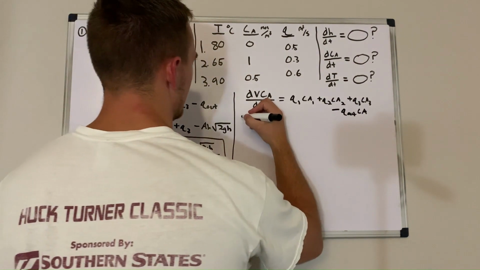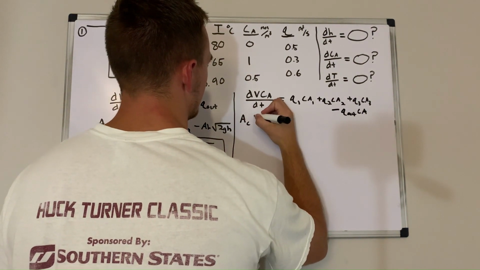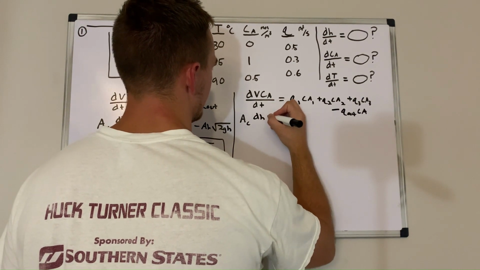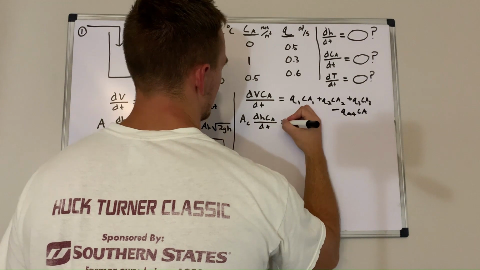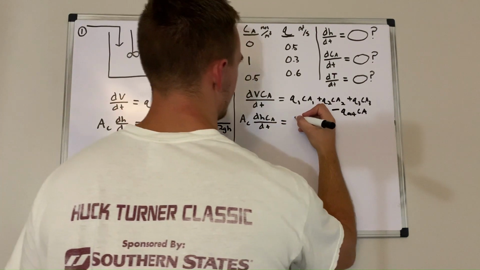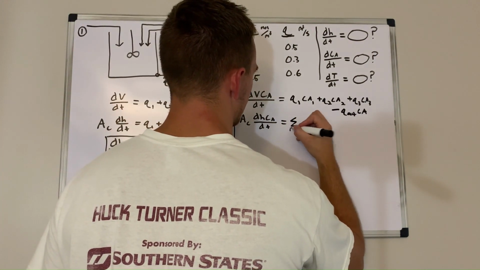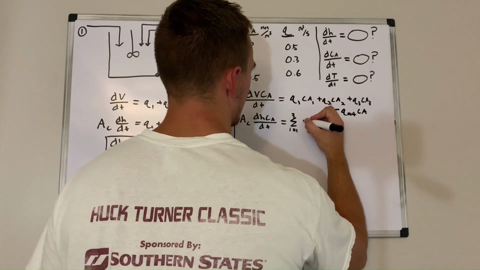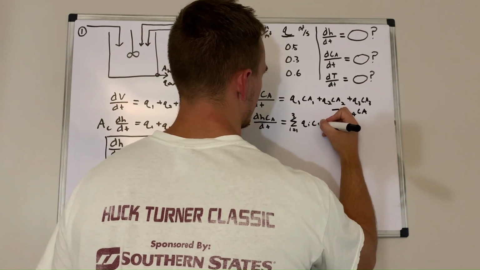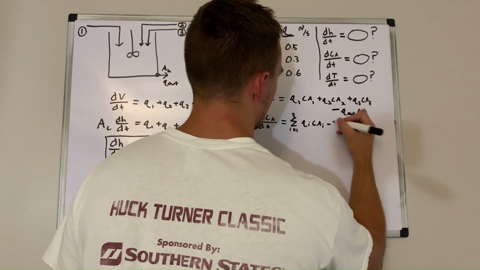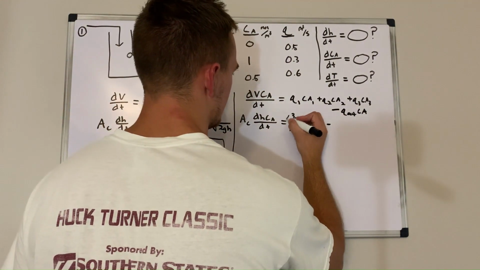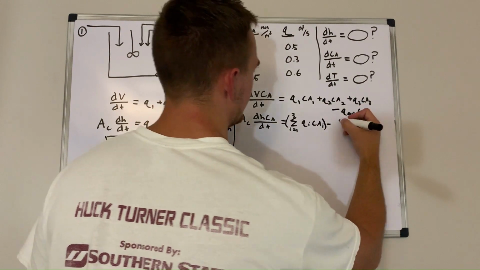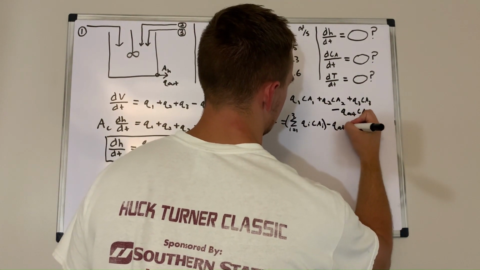So we'll have AC times d(H Ca) dt. I'm going to simplify this into a summation: the sum from i equals 1 to 3 of Qi Cai, and then minus Q out Ca.